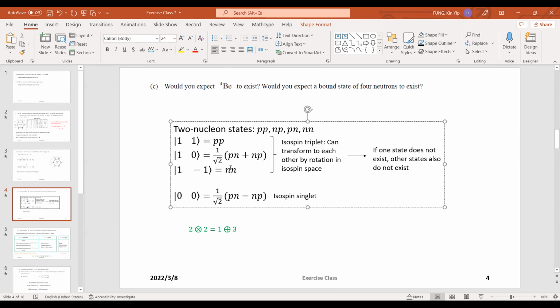So back to this case of two neutron states. I'm not very sure about how physically we can do that, but by analogy we can apply some external field so that we can change the isospin state.